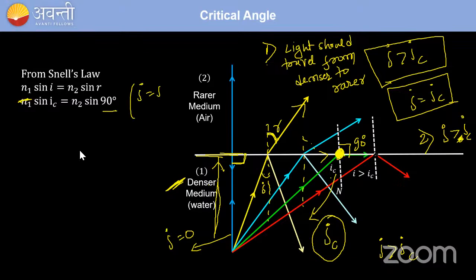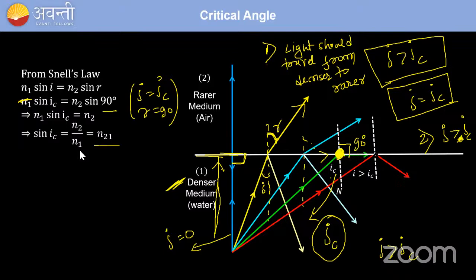Because if I equals IC, then R is equal to what? 90 degrees. We already know that. So from here, sin 90 will become 1, and sin IC will become equal to n2 by n1. That is the refractive index of rarer media with respect to the refractive index of denser media.